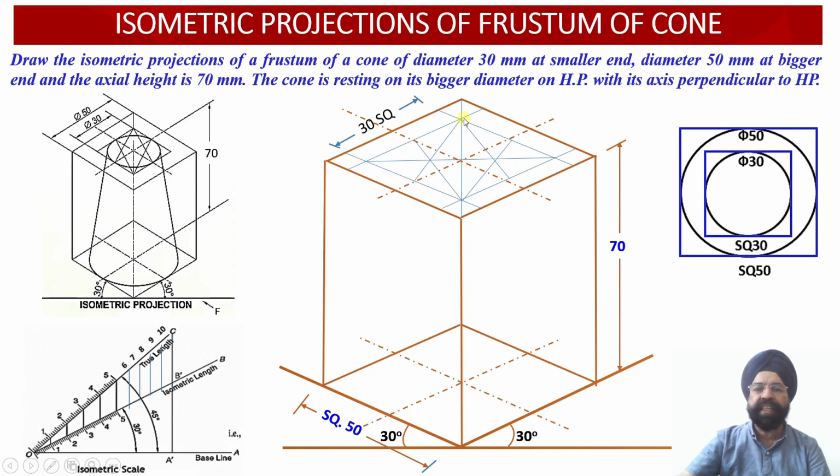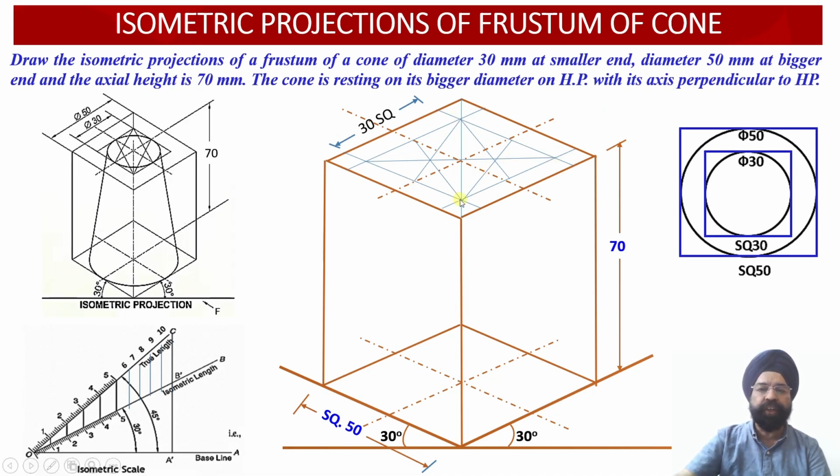We know that this is the minor diagonal, and we have already obtained the midpoints of the four edges of the square which is lying on the top: center point 1, center point 2, center point 3 and center point 4. Now from both ends of this minor diagonal, we are going to join two projectors to the midpoints of the opposite edges.